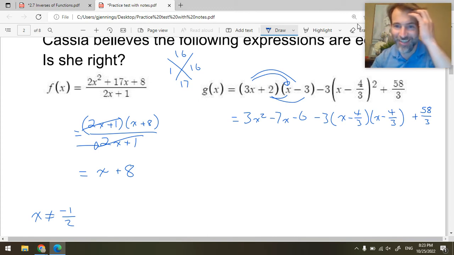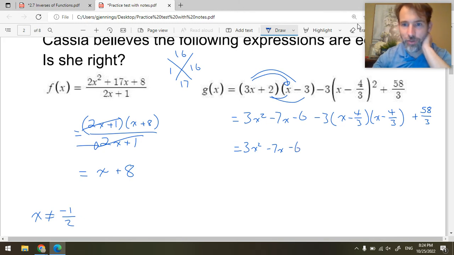Okay, let's keep going. So now this is equal to, well, still 3x squared minus 7x minus 6. Let's leave all that alone. And let's FOIL this. So we're still going to have minus 3 multiplied by the result of this FOILing. So that's going to be x squared.